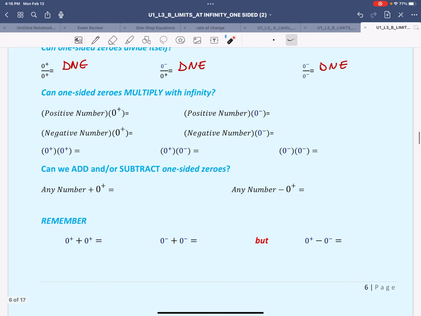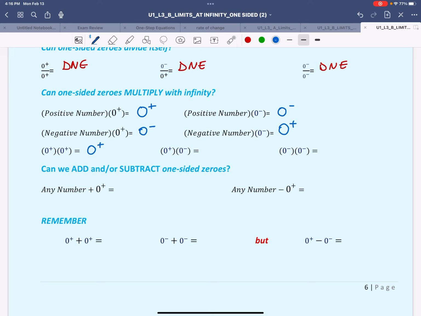So next, can one-sided zeros multiply with infinity? If anything multiplies by something close to 0, even infinity, it will become 0. So we're going to say a positive number with 0 plus is 0 plus. A positive number with 0 minus is going to be 0 minus. And a negative number with 0 minus, that's 0 plus, to be more specific. This will be a 0 minus because of the negative and a positive. And two negatives will give a 0 plus. So two 0 pluses will give a 0 plus.